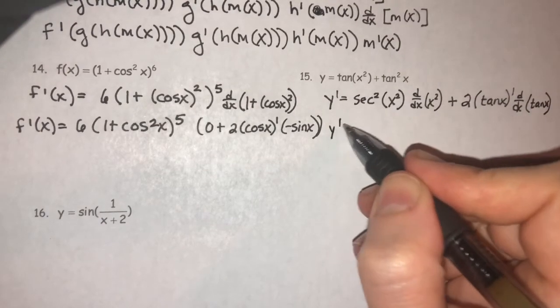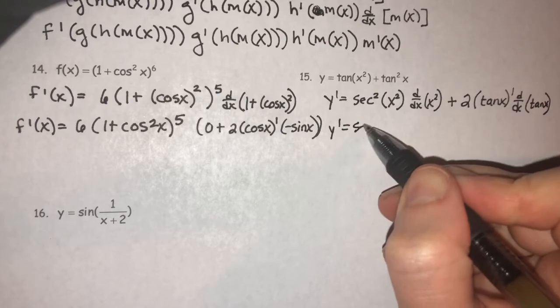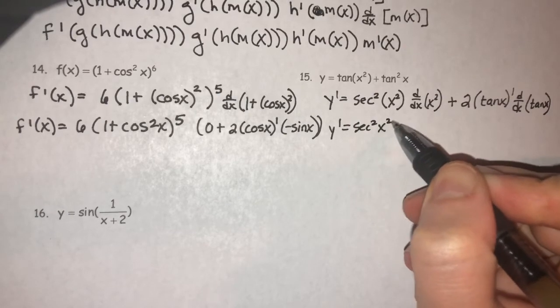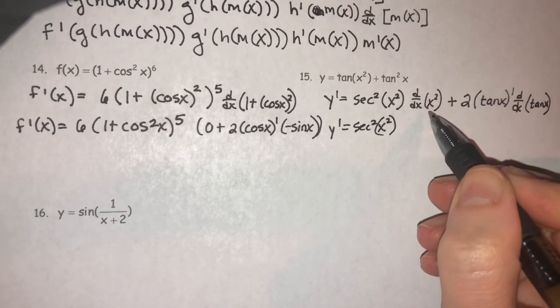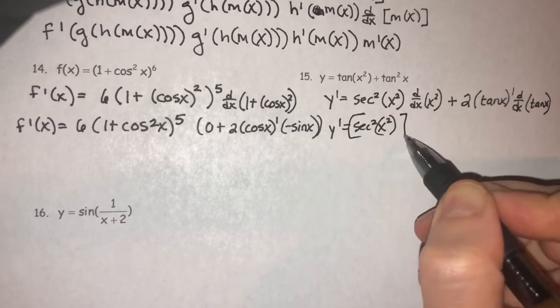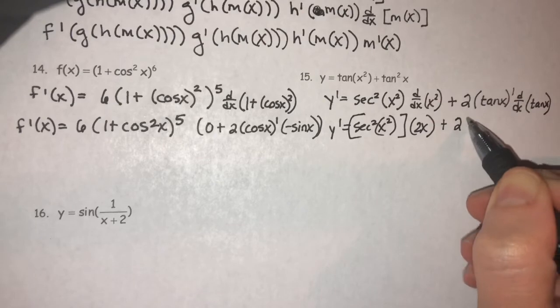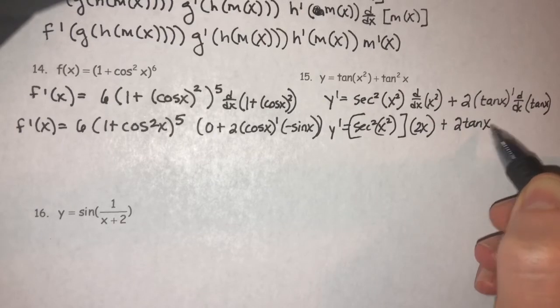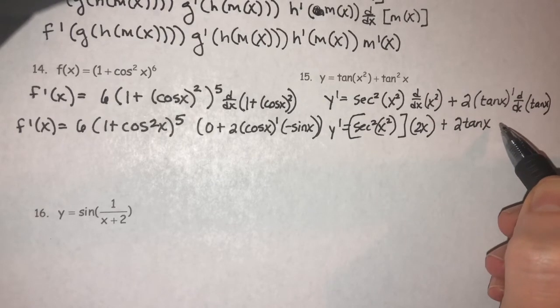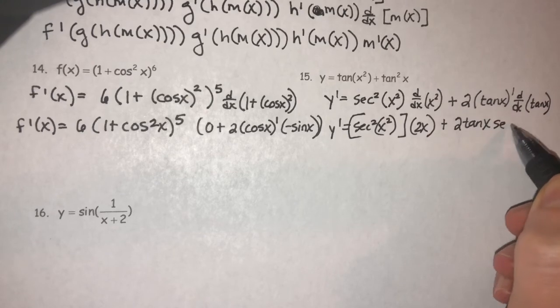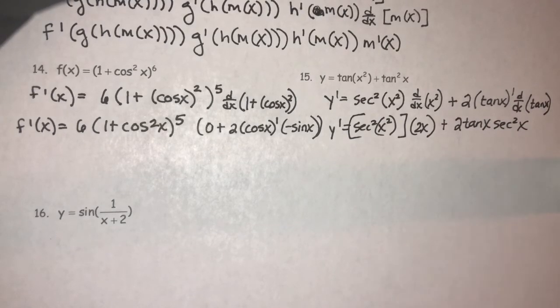So y prime is equal to the secant squared of x squared times the derivative of x squared, which is 2x, plus 2 tangent of x times the derivative of tangent of x, which is secant squared of x. And that one is done.